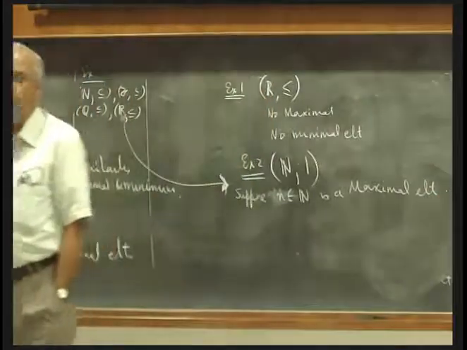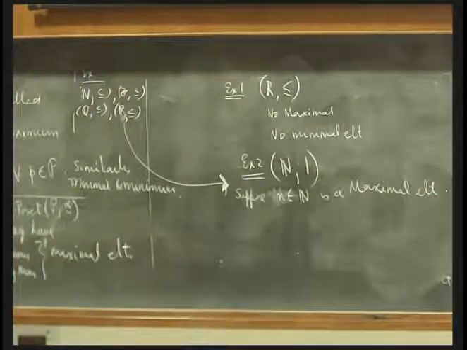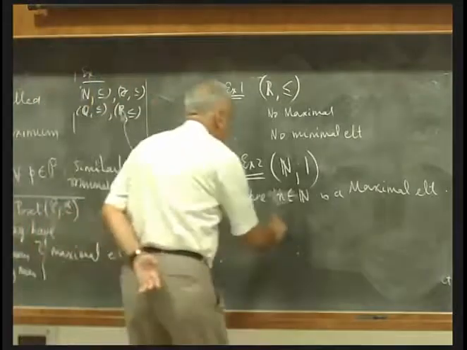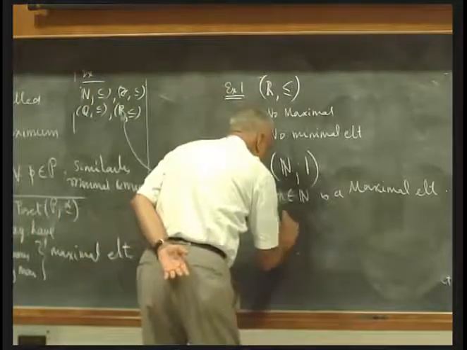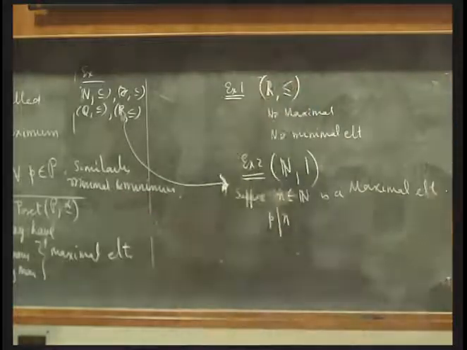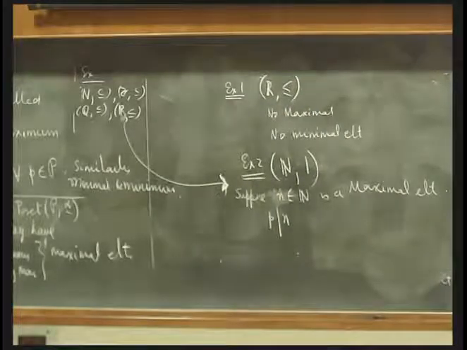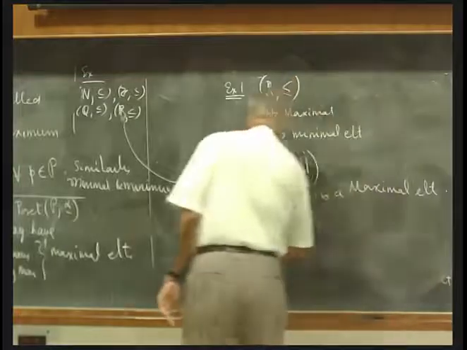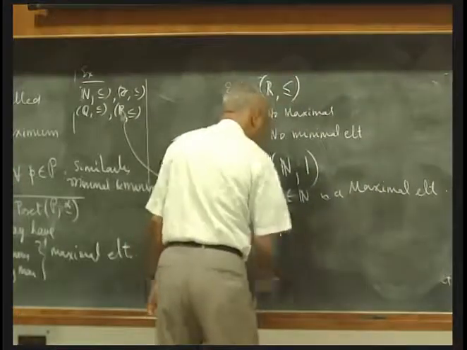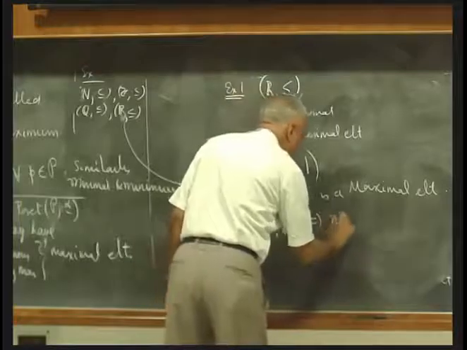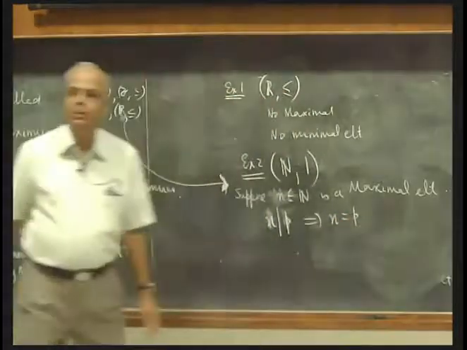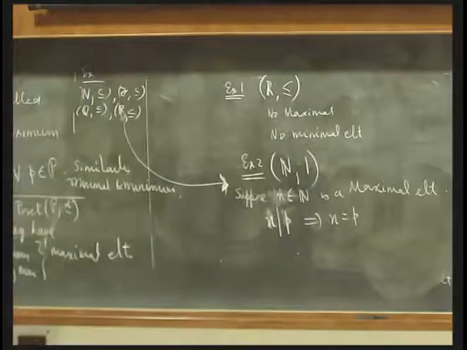Suppose N in the set is a maximal element. What does that say? If N is less than or equal to P, then it must imply N equal to P. Somebody beats him, he must be equal to P.